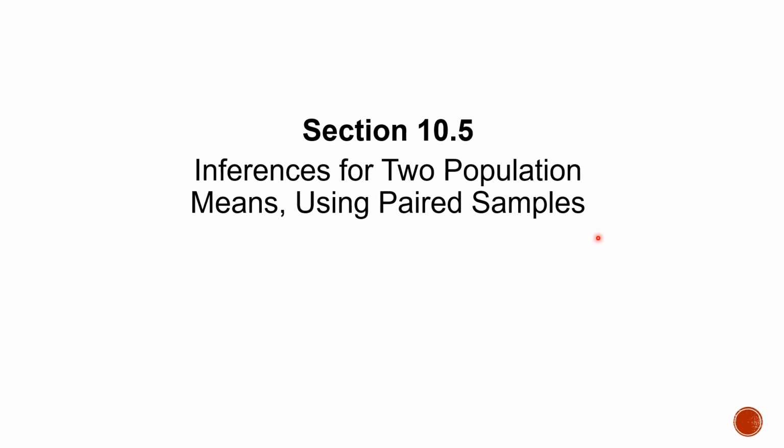They are naturally related. That's what paired samples is about. So we will do a study on that, and then go through the step-by-step process of how to perform an inferential study of paired samples.